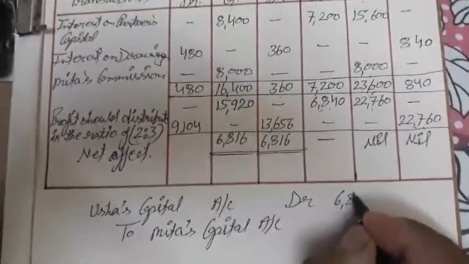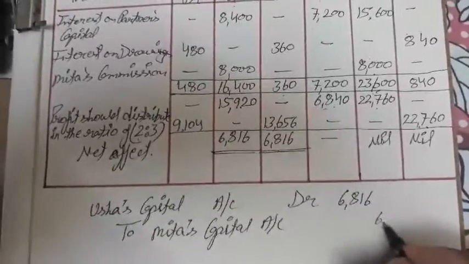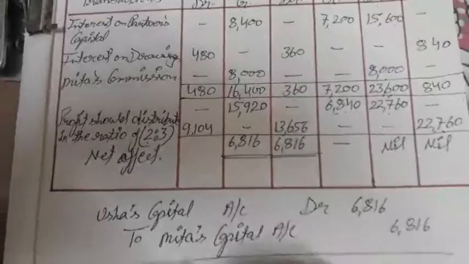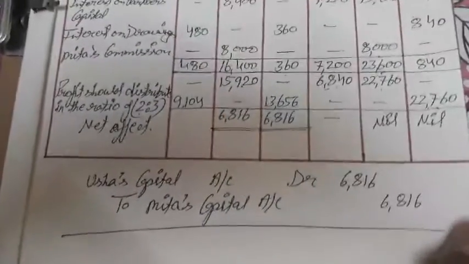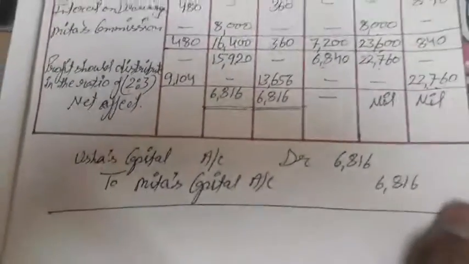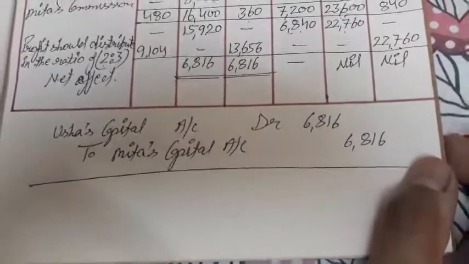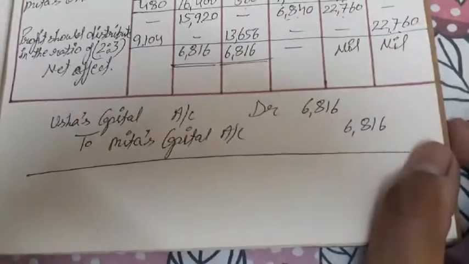Amount is 6,816 rupees. Narration: being partners' capital accounts adjusted in their profit sharing ratio. Okay, you can write it also by yourself.